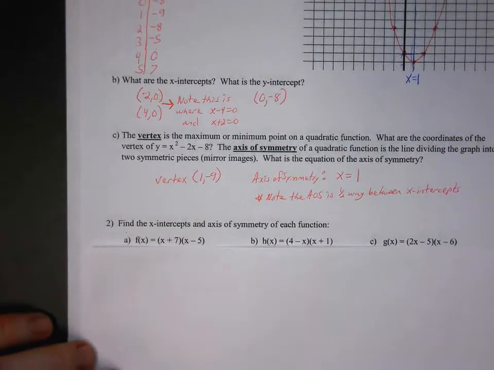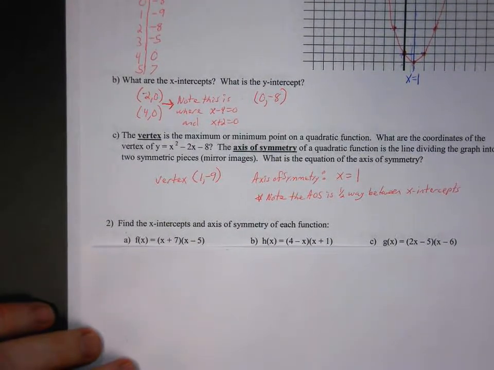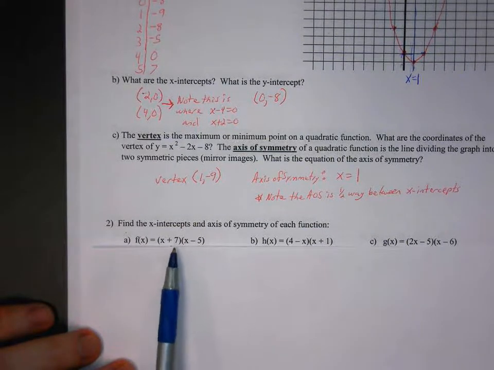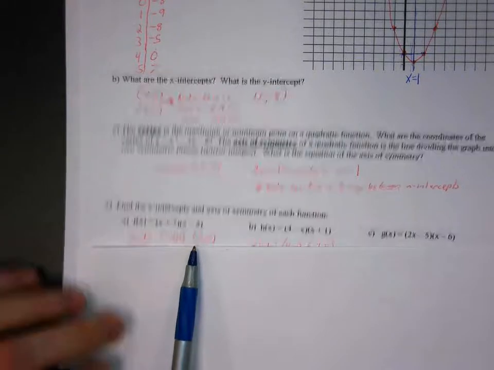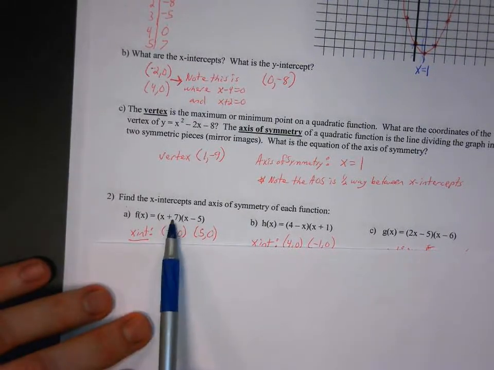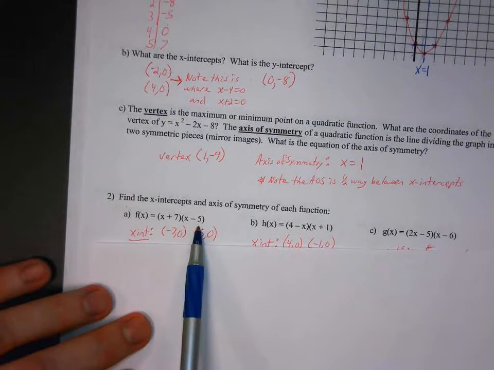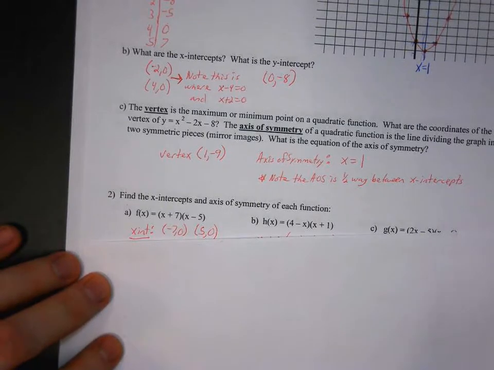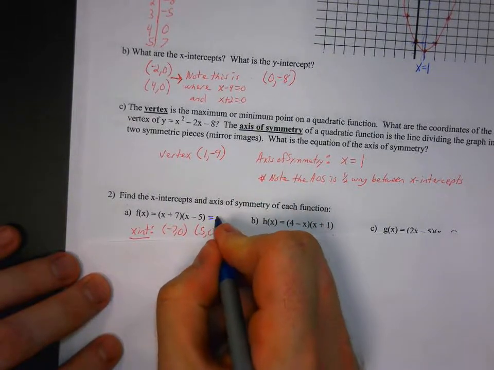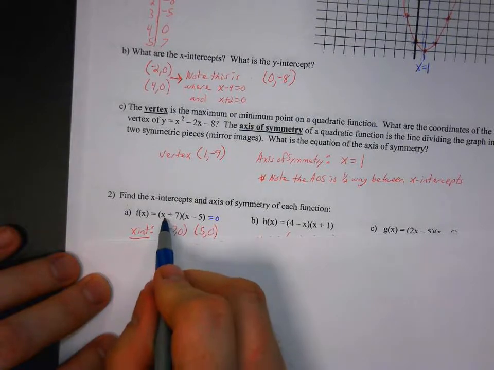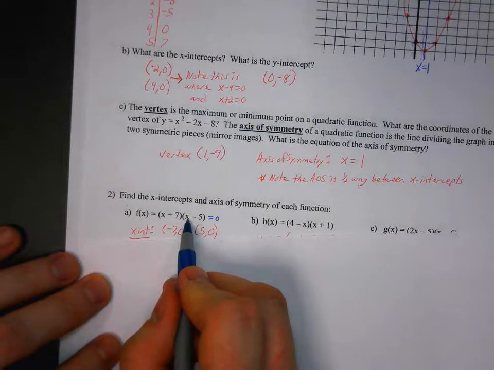Number 2, just emphasizing that concept. Find the x-intercepts and the axis of symmetry for each function. If you have (x + 7)(x - 5), the x-intercepts will be at (-7, 0) and (5, 0). The basic idea is that you're setting your equation equal to 0, so to get 0 for y, you have to have -7 or +5 for x.